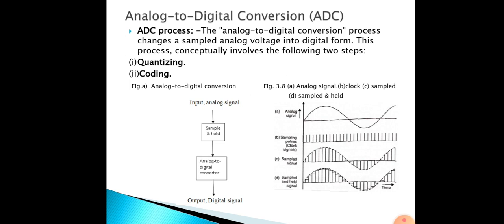First the input is given to sample and hold, then to the analog to digital converter, where it will be coded into digital. Here you can see in the waveforms, first the analog signal, then sampling of the pulses is done, then we get the sampled signal. After the sampled signal you get the sample and hold signal, so that we get the digital output.